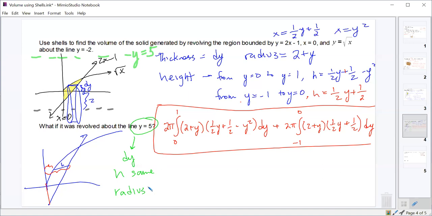Yeah. So what should the radius become? 5 minus y. It should be 5, the distance from the x-axis to y equals 5, minus this little y piece that we've gone up. So the only thing that will change is 2 plus y becomes 5 minus y.